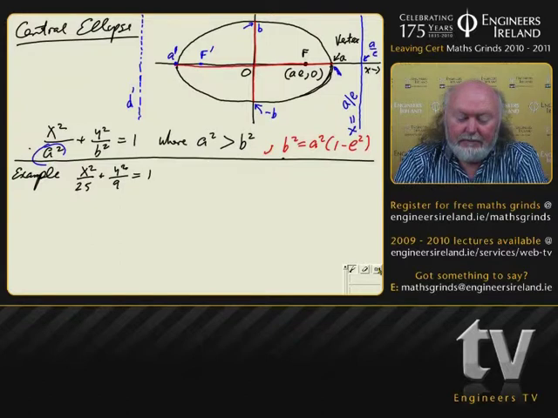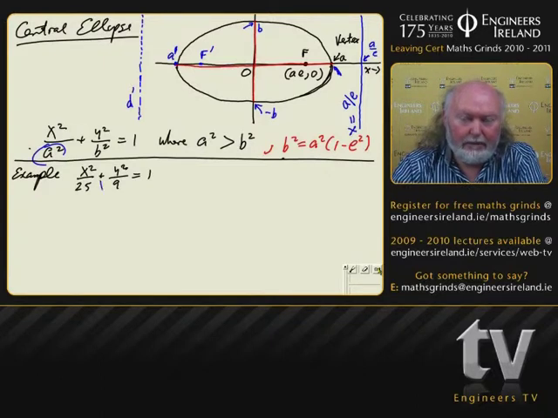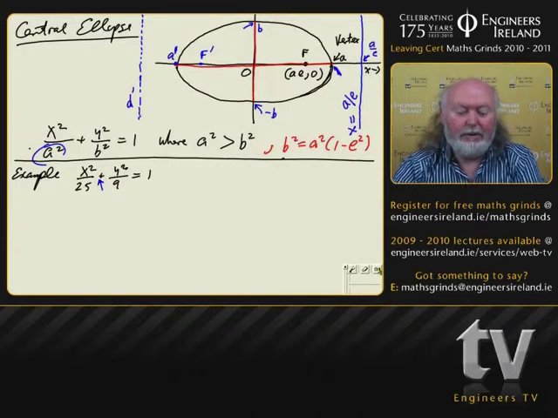That's an ellipse. Interestingly enough, if instead of a plus, if that was a minus in here, that would be a hyperbola. So we know once we've got the plus in here, we're okay.